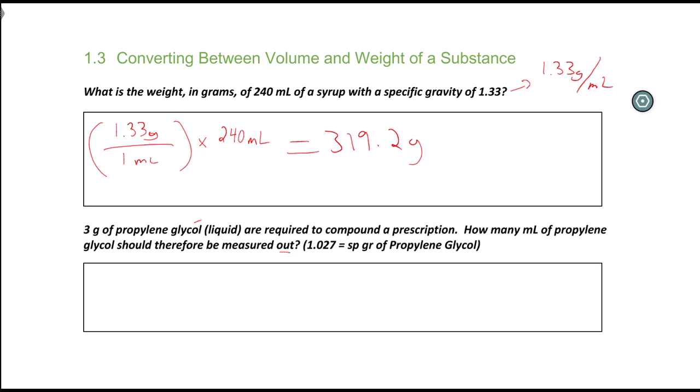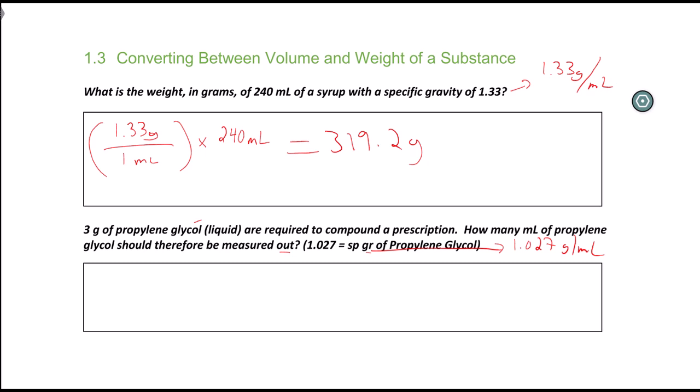So how much does 3 grams weigh? Well, we're given the specific gravity of propylene glycol, 1.027. So again, anytime we see this, in our minds, we're going to put that as density units. So we're going to convert that to density units, 1.027 grams per ml. Given that information, now we can utilize what the problem gives us. So it says we want to know how many mLs to weigh out.